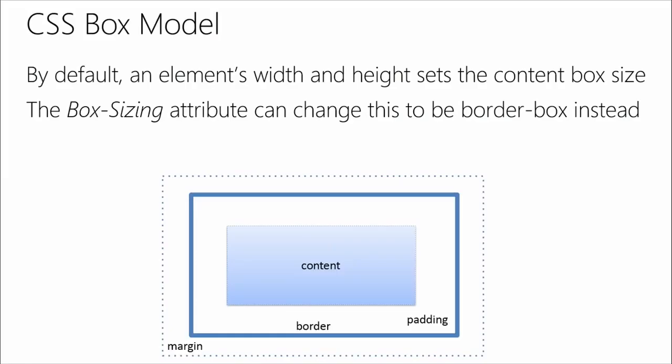And so there's something called the box sizing attribute that really changes this and makes that much easier. Basically, you can change this to border box so that when you're doing width, it'll measure from here to here, and that'll be the width of the box, which I think makes sense when you're talking intuitively about an element.